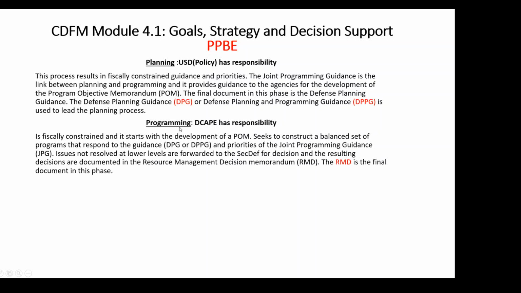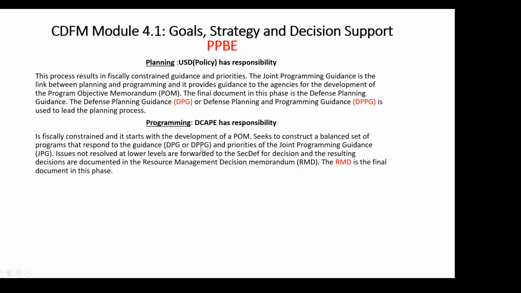Programming phase of PPBE, the DCAPE has responsibility. Fiscally constrained. It starts with the development of the POM, Program Objective Memorandum. So we take that defense planning guidance or programming guidance, we are responding to it. Now we know this is what we need to do, but guess what?